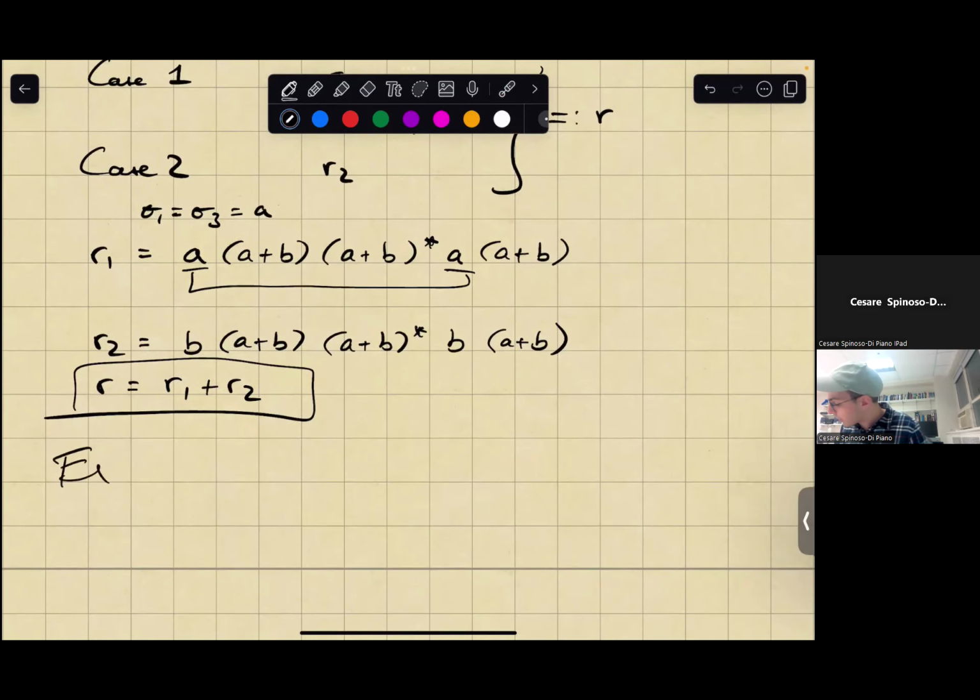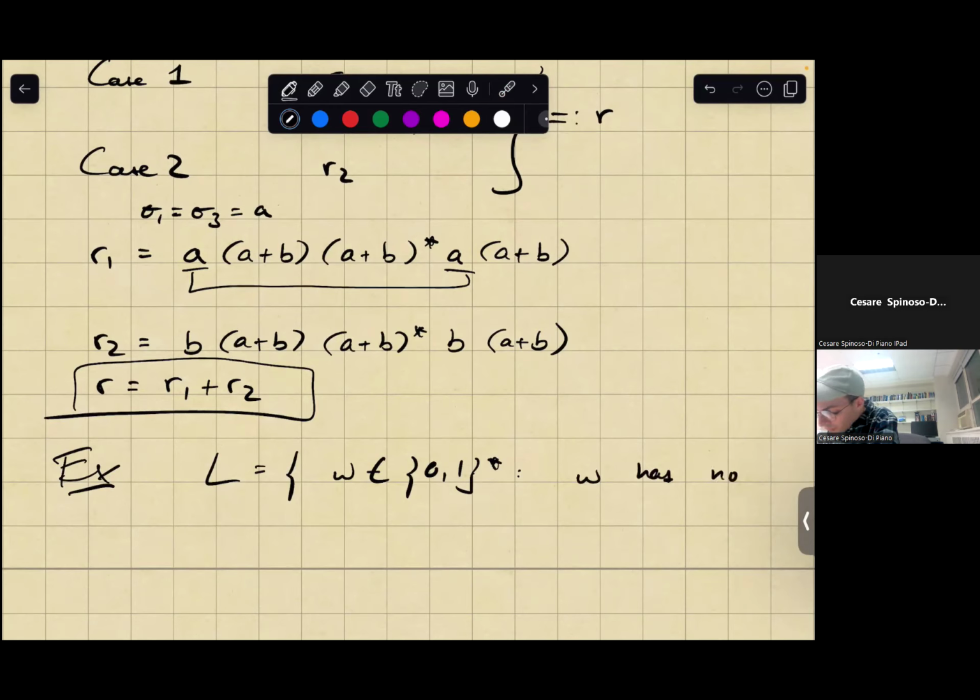Suppose I have the example here, where I want to design a regular expression that represents the language over the alphabet 0, 1 this time, where W has no runs of ones of length greater or equal to 3. So what's a run of ones?